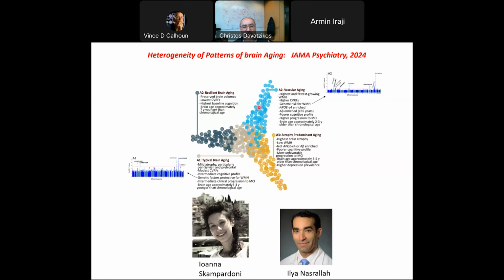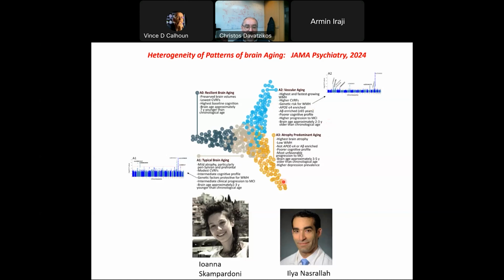So these people had patterns that had more white matter lesions, which are small vessel ischemic disease for the most part, higher cardiometabolic risk factors, and genes that have been associated with white matter hyperintensities. They were enriched in ApoE4, which is a genetic risk factor for AD, of course. They were enriched in amyloid beta, and they had higher progression to MCI and brain age approximately 2 to 3 years older than their chronological age.